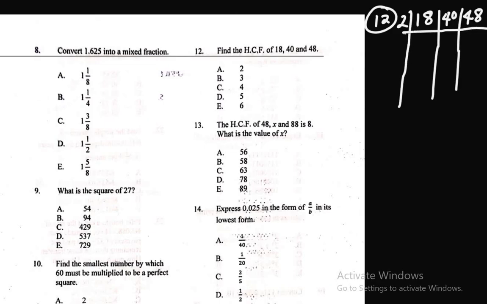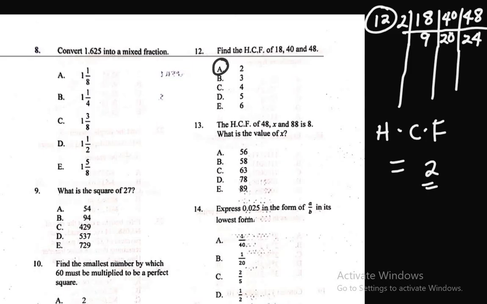So let's start with 2. 18 divided by 2 is 9. 40 divided by 2 is 20. 48 divided by 2 is 24. 2 is done. If you take a look at the remaining numbers, 9, 20, 24, there is no other number that can divide through them. So the HCF is simply 2. The right option here is A.